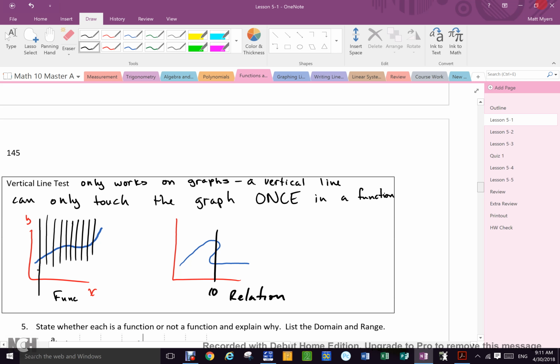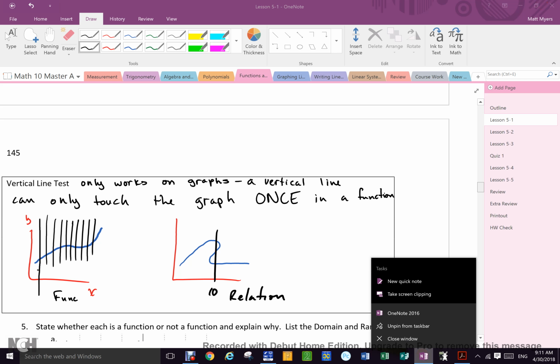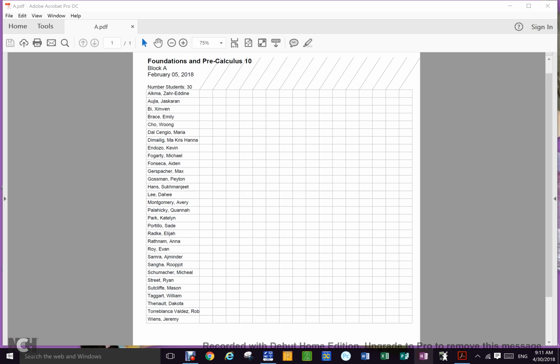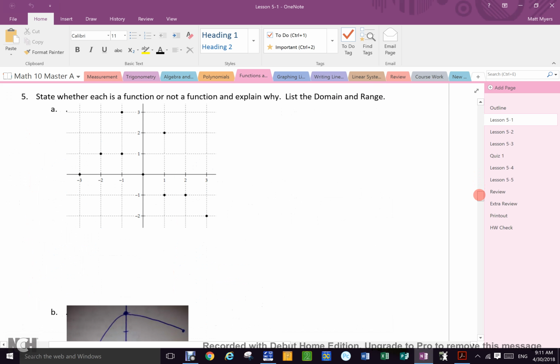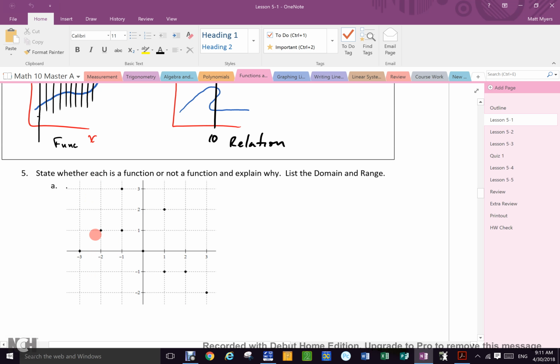Because I do ask you to explain why. Why is it not a function? Right. So I check my vertical line, but as soon as I hit my vertical line right here, I hit 2 different values. So it's a relation. Everybody good?